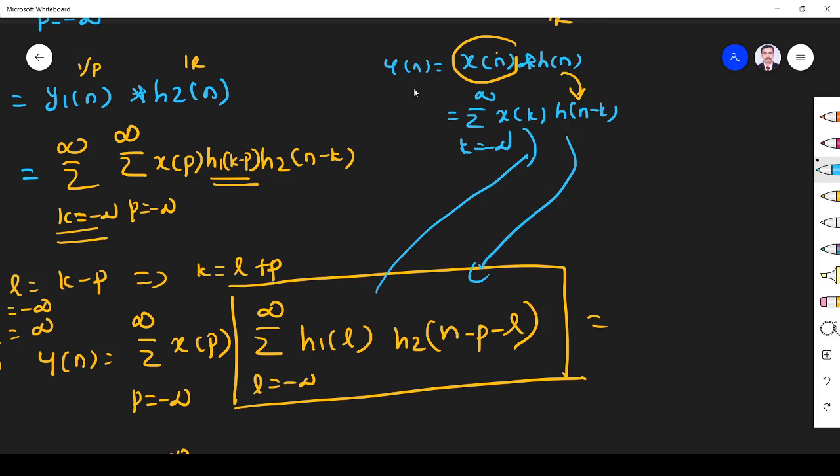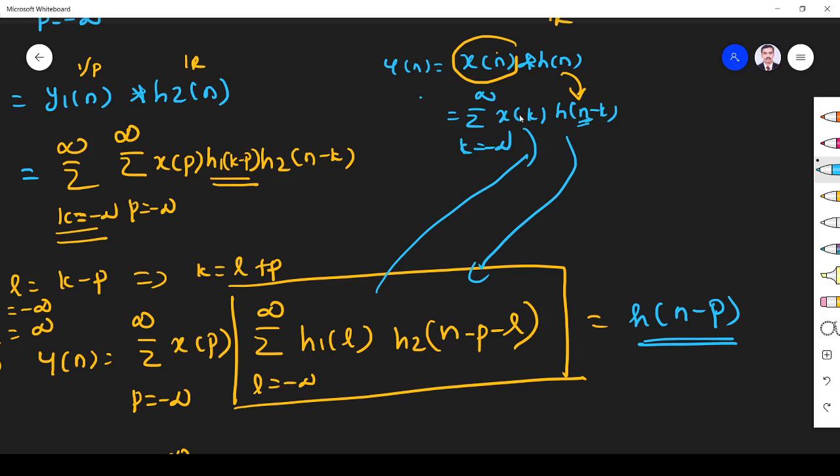And that is y of n. So here you see y of n. If here n, we get y of n. Here n minus p is there, so let us assume h of n minus p. It is a convolution between two impulse responses, so I write it as h of n minus p. Why am I writing h of n? If it is only h of n minus l, I write h of n, but here it is n minus p. Here you see n minus k.